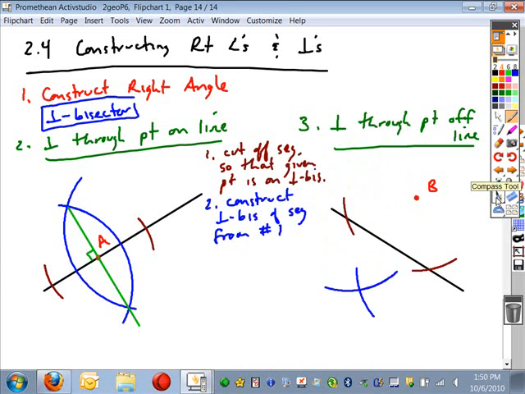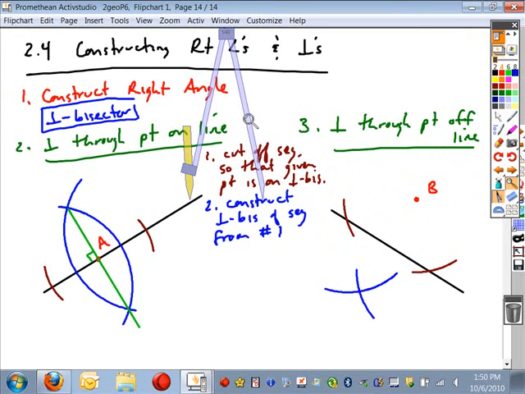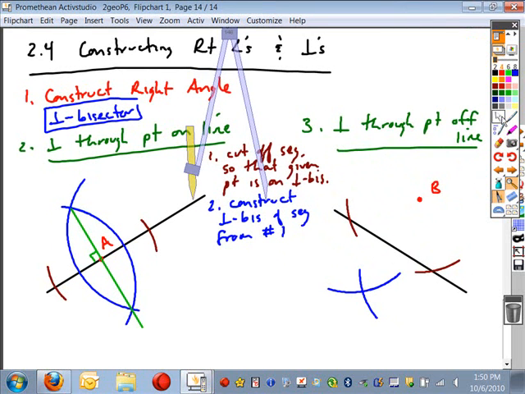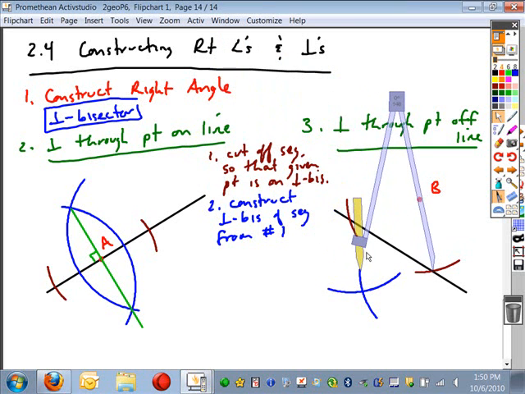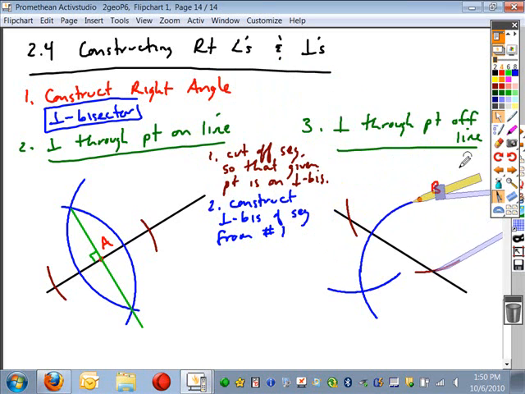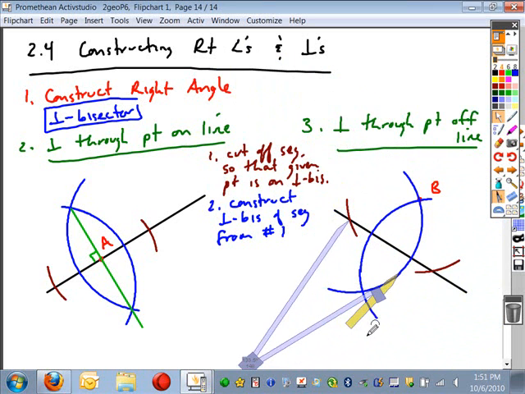Now, if I didn't adjust my compass, is there any need to continue my arcs on? If I continued my arc from here all the way, where is it going to intersect? These two arcs will intersect right at point B. So you don't need to extend them because they're just going to pass through the same original point since we didn't adjust the compass setting at all.